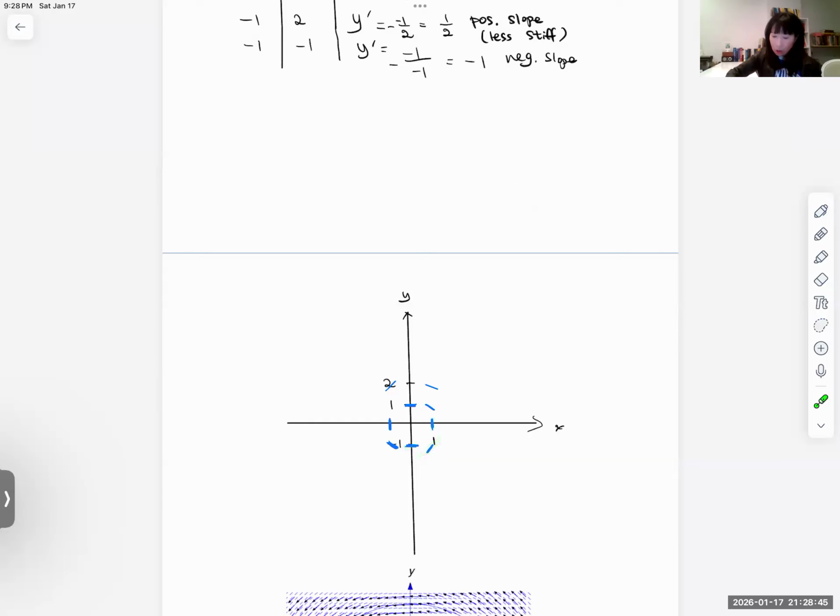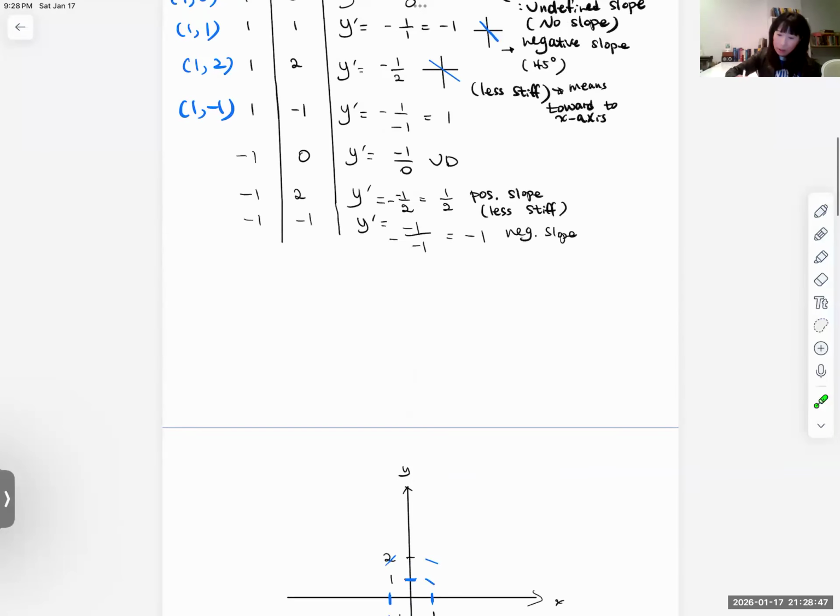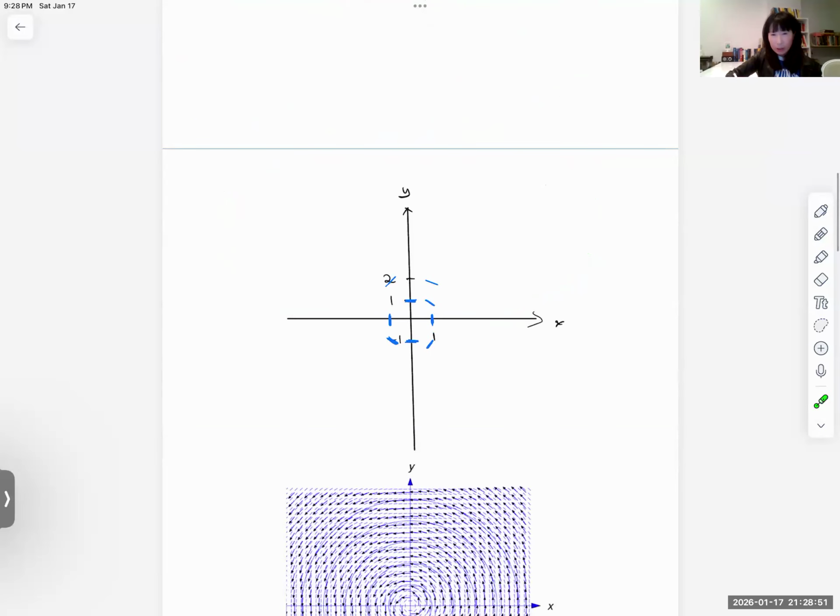Okay. So if we draw everything, this one looks like this. If I connect that slope, can you see that? This is a circle, right? And the center is the origin, yeah?